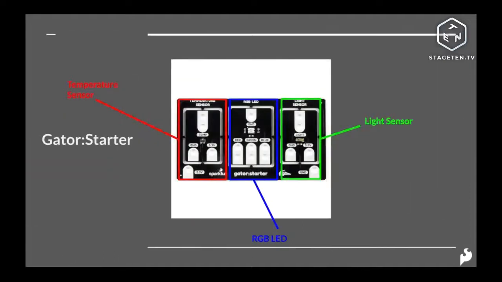Next up is our Gator starter set. This incorporates 2 analog inputs, both a temperature sensor and a light sensor. In the middle we have an RGB, or red, green, blue LED. This is not the addressable RGB. This is a standard RGB where you analog write different values to a red, green, and blue LED that are all combined in this single package.